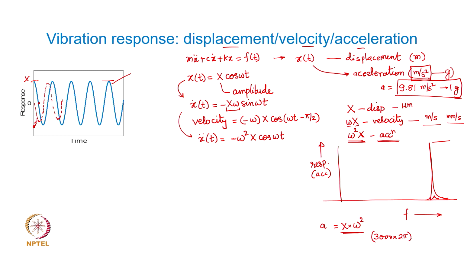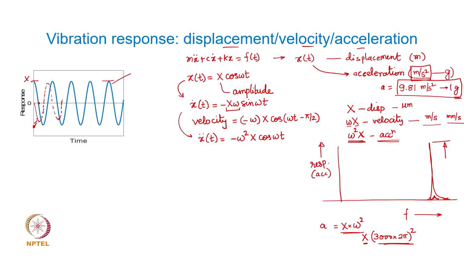So, so much of a squared magnitude value is going to get multiplied by the small displacement amplitude, and that is how the acceleration signal in the high frequency range will show a much stronger, much larger amplitude, and that helps us in detecting such high frequency components in the vibration signal.